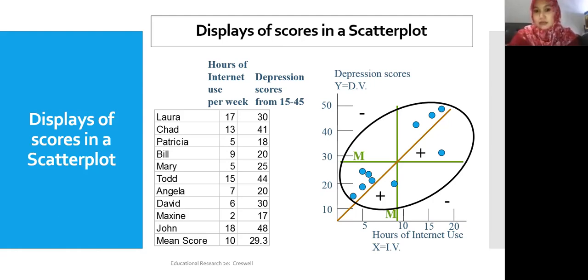Jadi ada garis panjang ke kanan itu menunjukkan bahwa ini adalah positif. So it means that when X increases, Y also increases. So when hours of internet use increases, depression also increases. So it shows positive. Okay. Next, please.